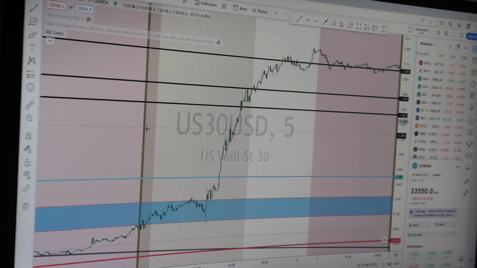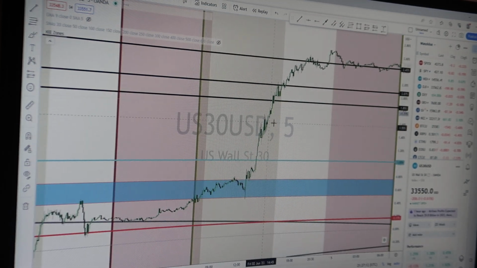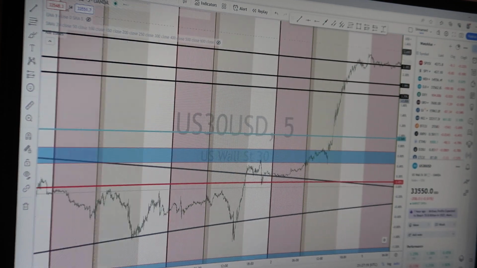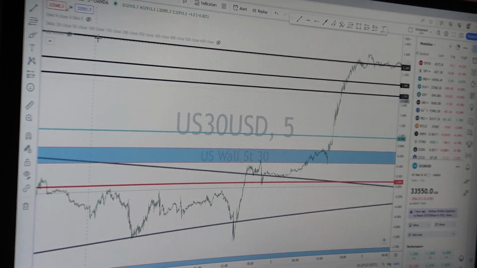So this dark line overlaps with the red, so Tokyo overlapping with a London session, and you have New York overlapping with the London session, obviously. So that one is going to be kill zones. Now you can always remove these if you don't want to have them, by just clicking the remove tab here, next to the indicators.